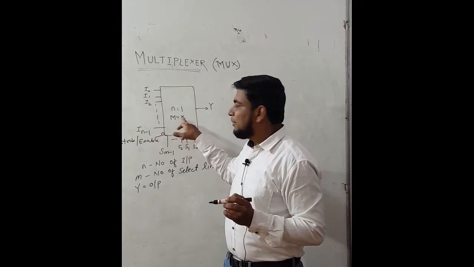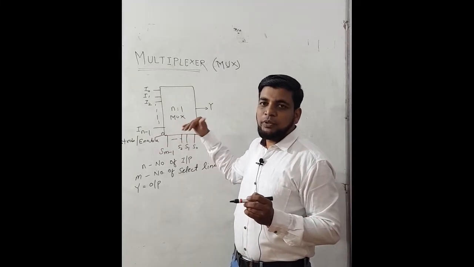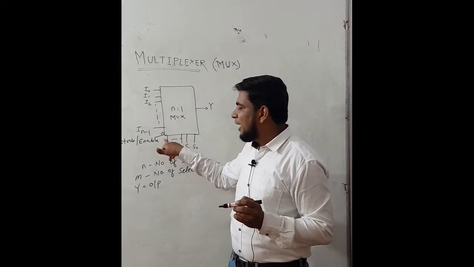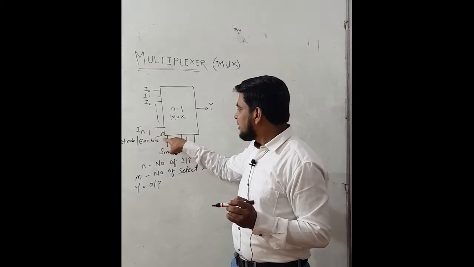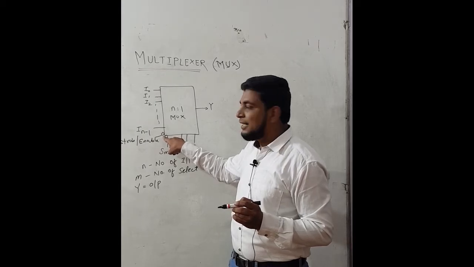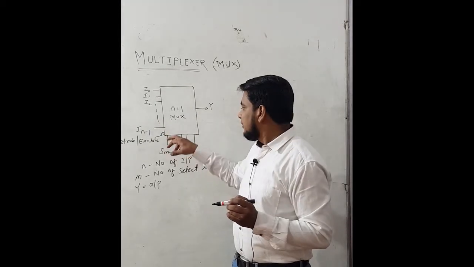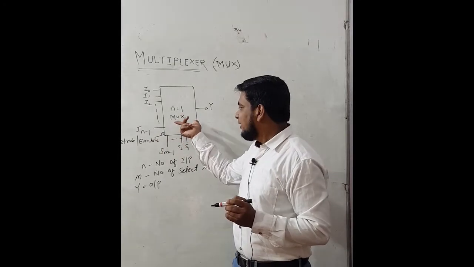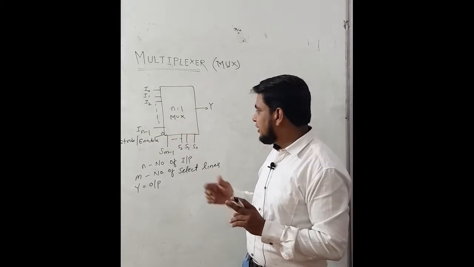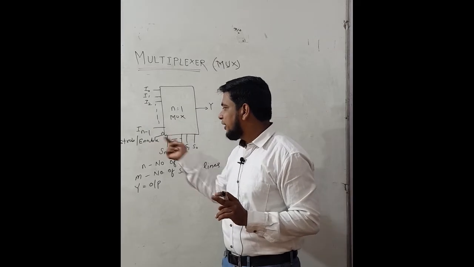First, to enable the IC: whenever we need to enable this IC, we apply this input. Suppose we apply 0; the bubble indicates negation, so the 0 is inverted as 1 and the IC will be activated. In this way, the enable input is used for activation of the IC.